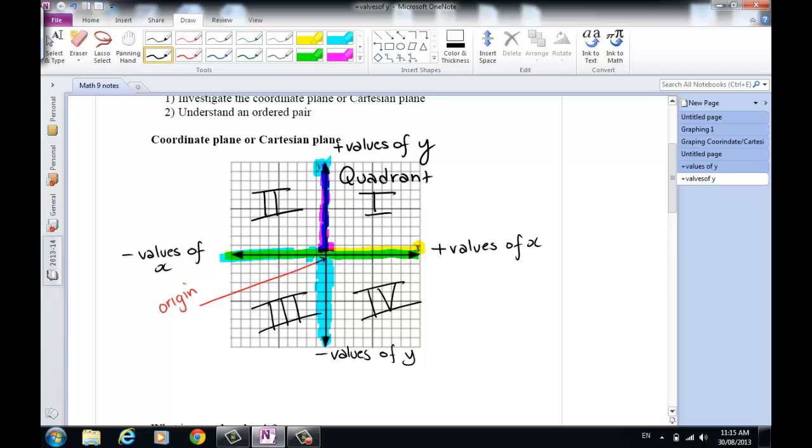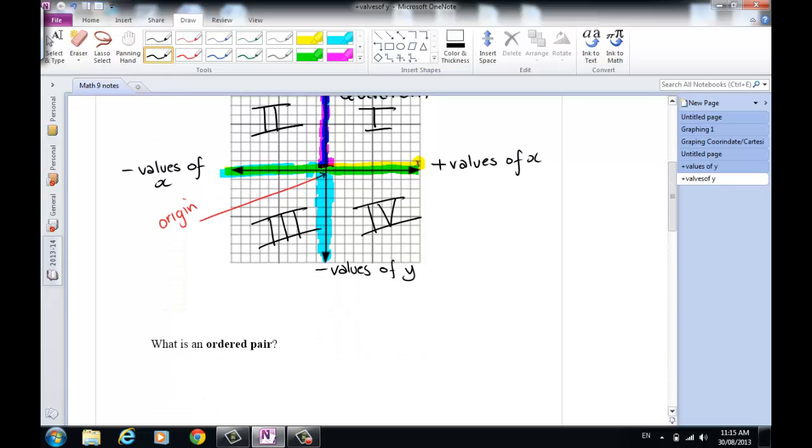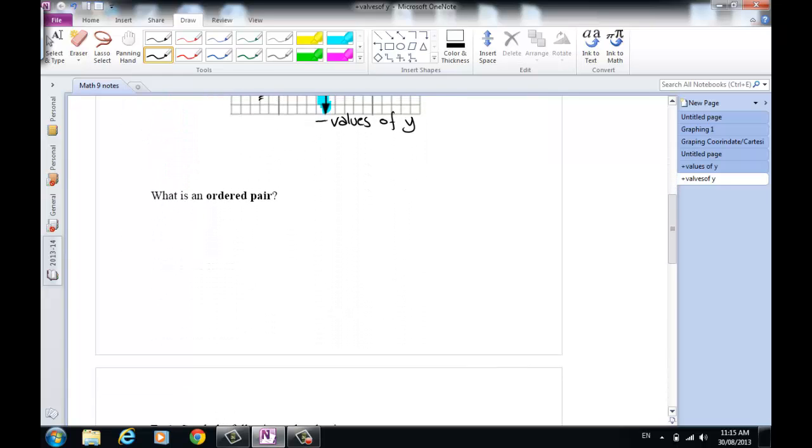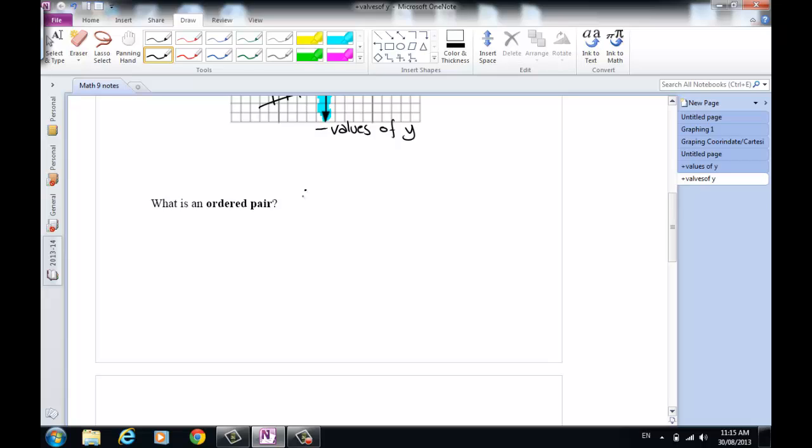So we want to actually graph stuff on our planes, so we have to know what an ordered pair is. An ordered pair simply is a value for x and a value for y. And they're basically directions. It's telling us how far to move from the origin.